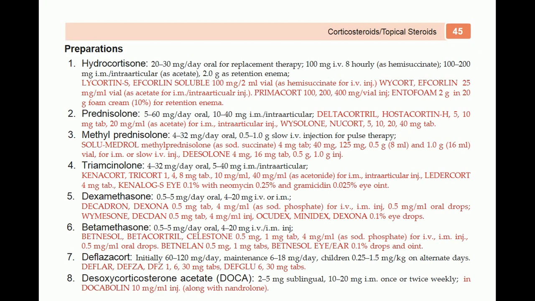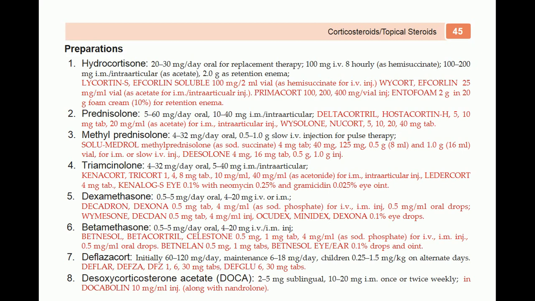As well as triamcinolone, they are also available in the market under trade names like Kenalog S, 0.1% with neomycin 0.25% and gramicidin 0.025%.